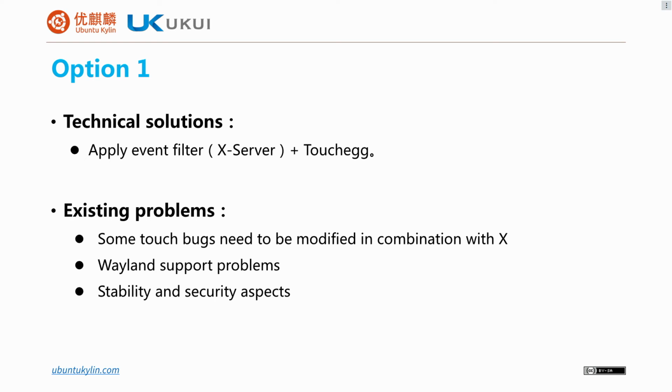And to achieve touch management, we have two options. One is to use an event file plus a touch app, but it has many problems, such as VLAN support and security problems, and so on.